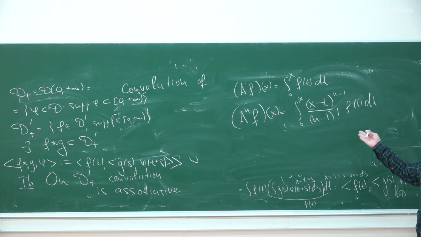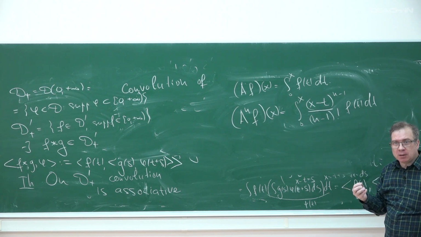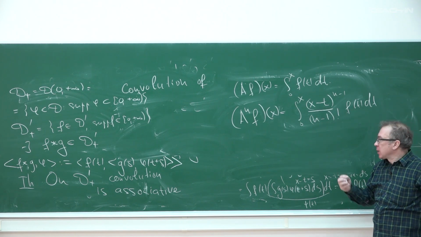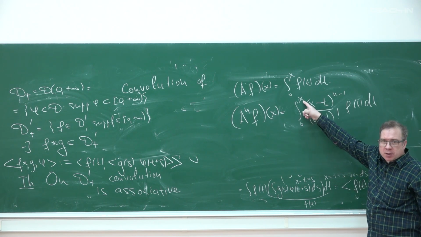Is it very similar to convolution? F of t, x minus t. It is like convolution, but we have the integral not over all x's. We have only the integral from 0 to x.